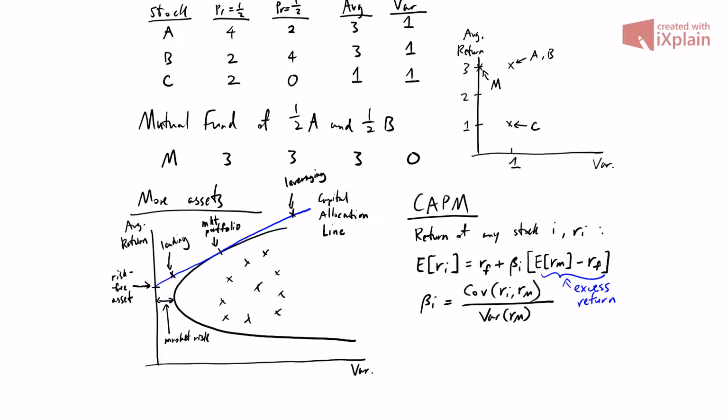Now, how much over the risk-free rate you get depends on beta, and there is also a formula for beta, which is covariance over variance. What this comes down to is how much return a stock earns over the risk-free rate depends on the correlation of the stock with the market.